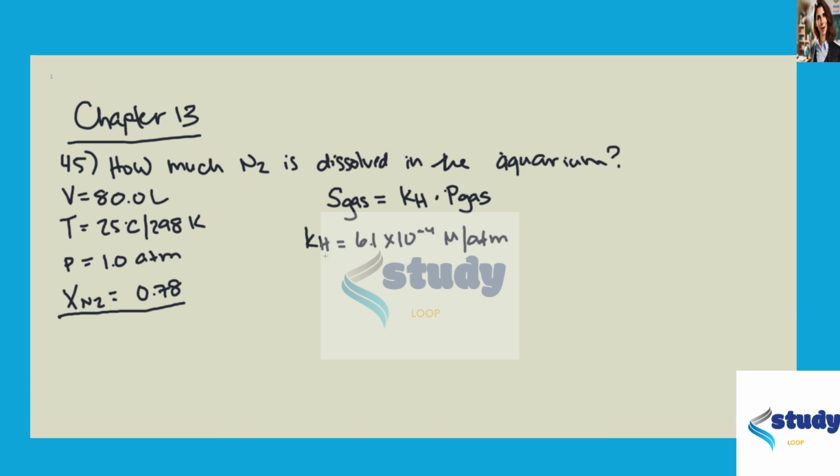So what we can do then is plug that constant and the pressure given to us by the problem into this equation to solve for the solubility of nitrogen in water.